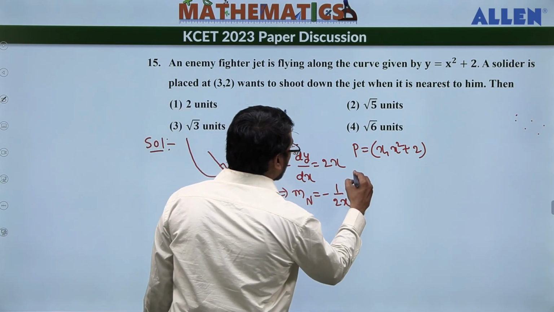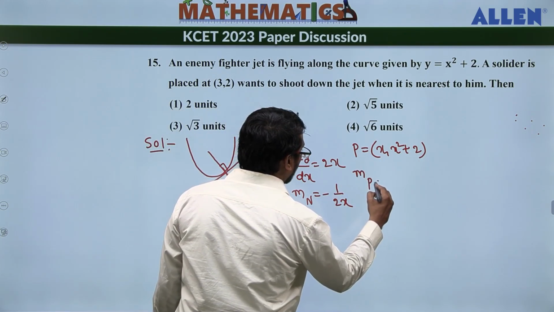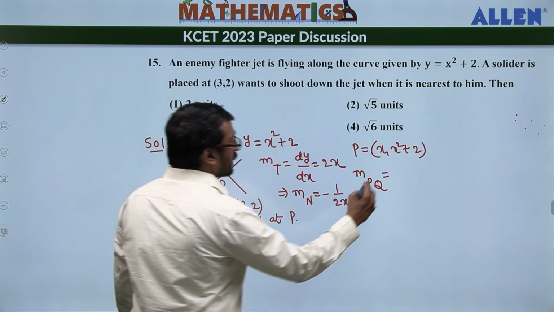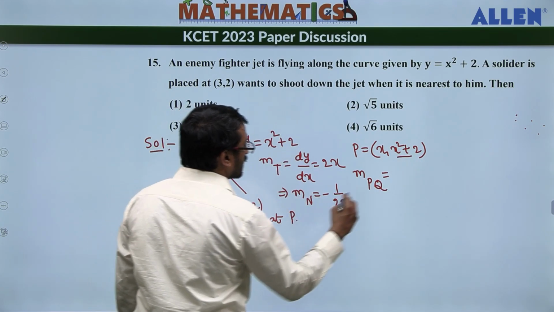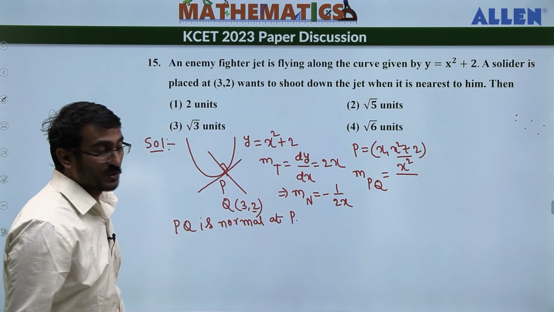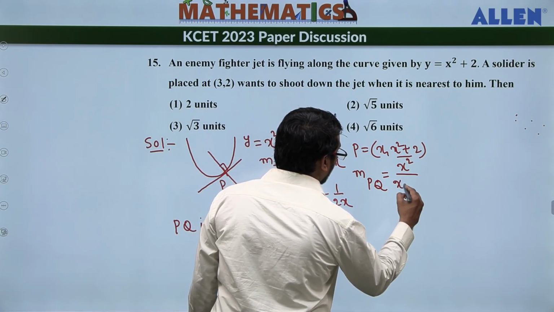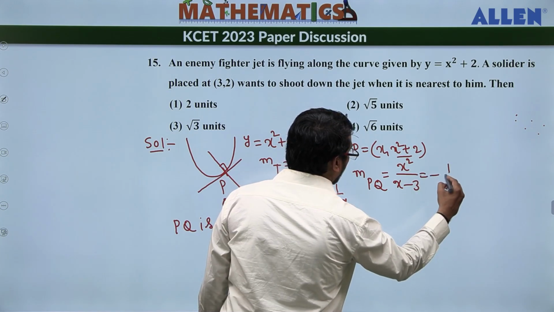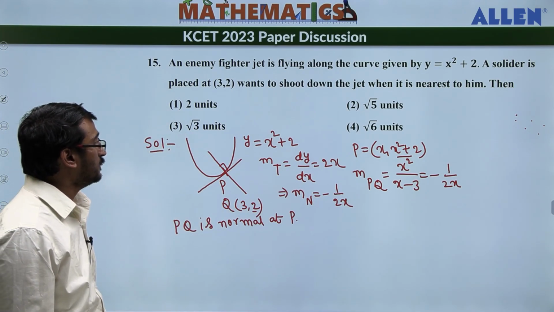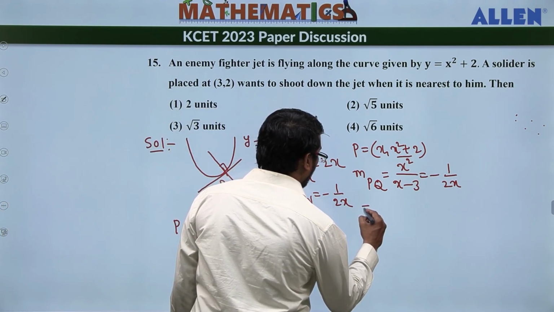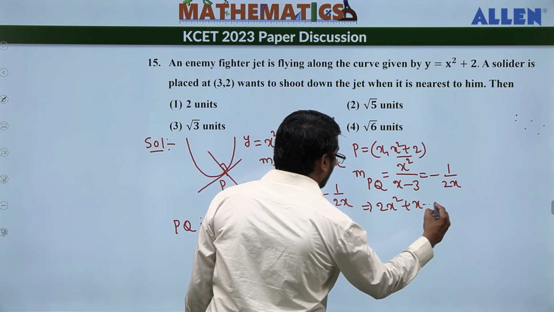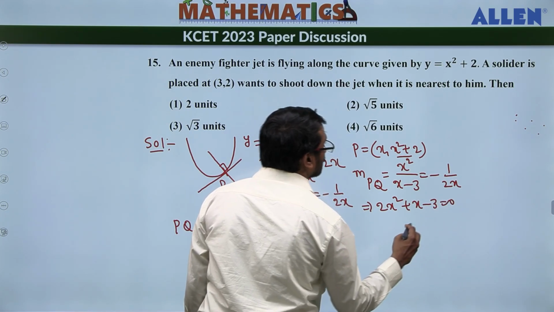So, what is slope of PQ? (x square plus 2 minus 2) by (x minus 3), equals minus 1 by 2x. So, that becomes 2x square plus x minus 3.